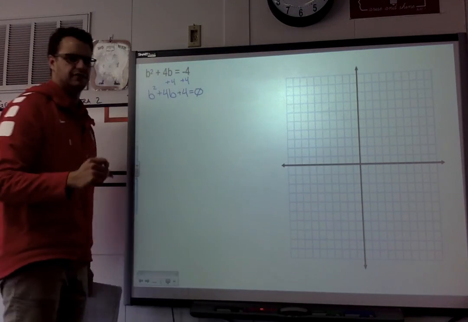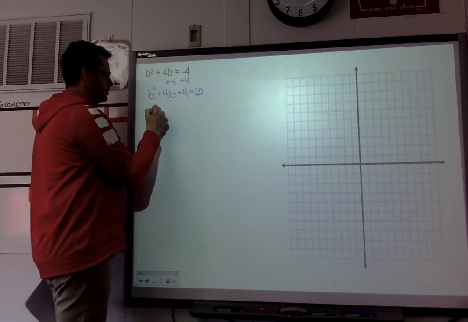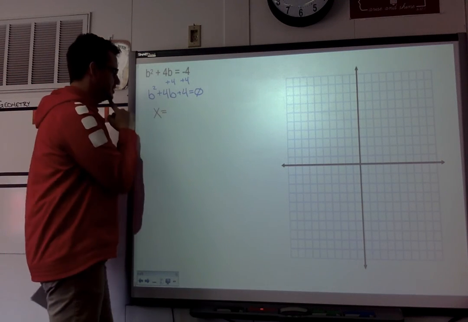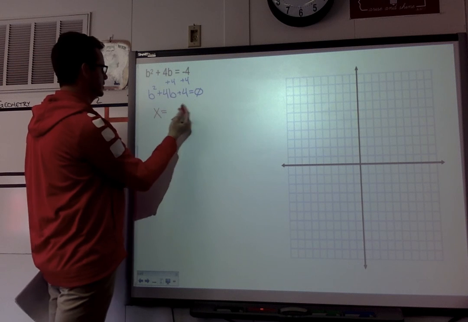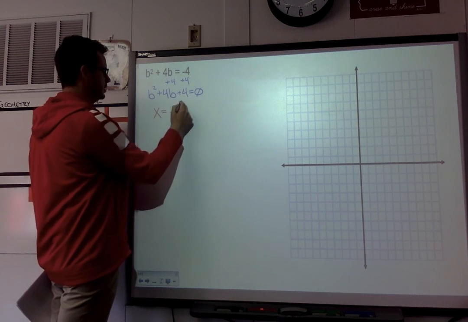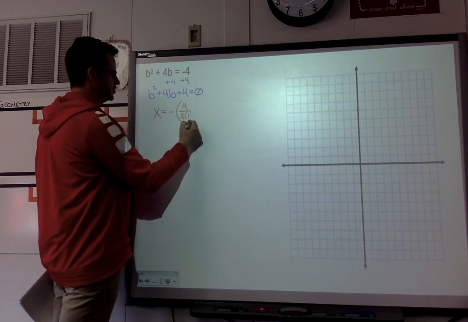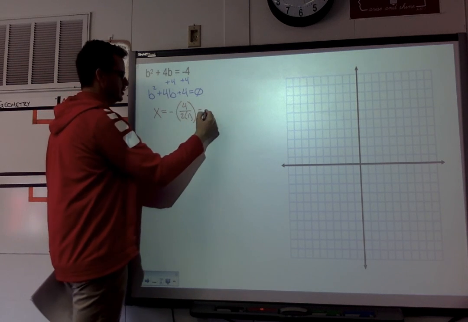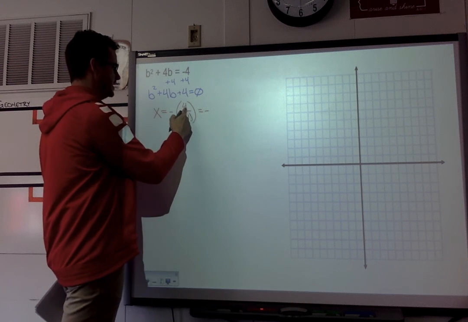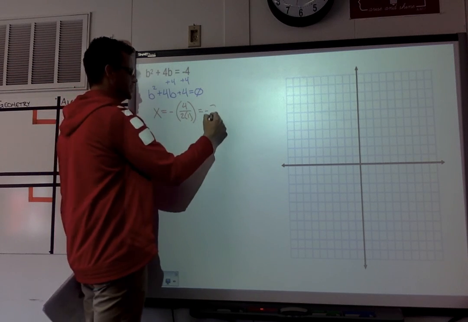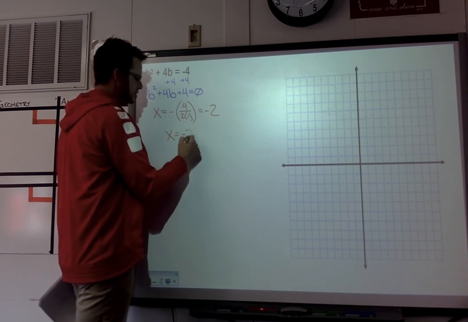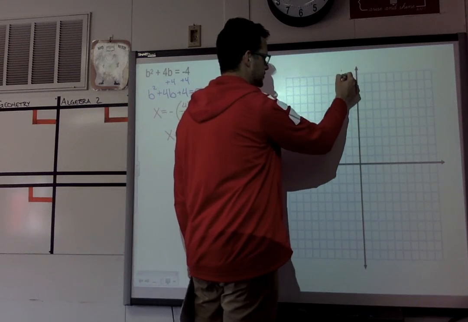And then follow my same steps. Axis of symmetry, x equals negative b, which is 4, over 2 times a, which is 1. Negative 4 divided by 2 is 2, so my axis of symmetry will be at x equals -2.